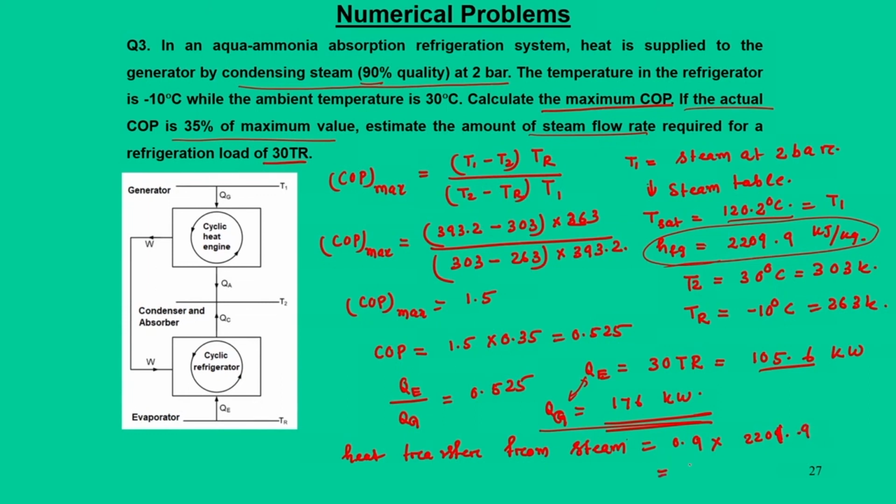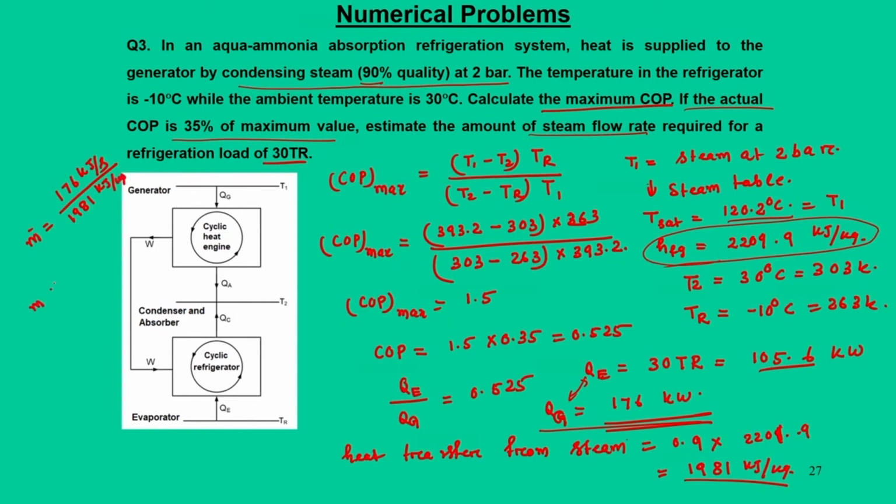So this value is 1981 kilojoule per kg. So the steam flow rate m dot would be the heat that is required, 176 kilojoule per second, divided by the heat transfer from the steam, 1981 kilojoule per kg.